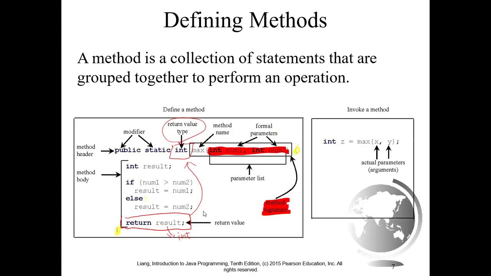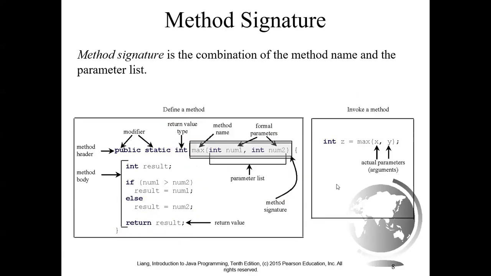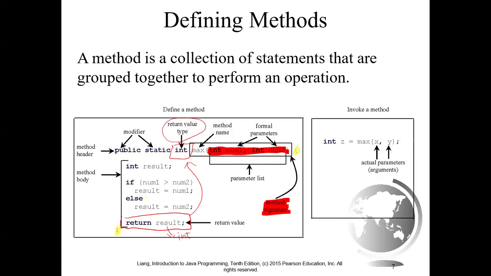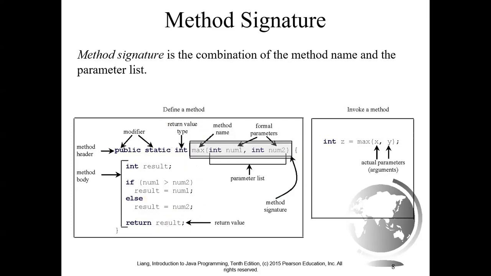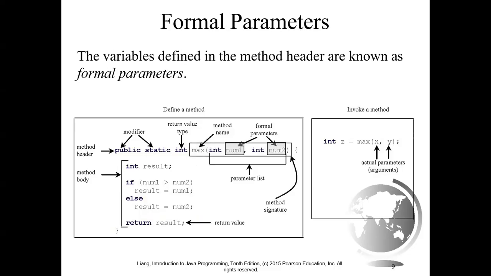So in this case, we have our definition for the methods. And the method signatures, which is highlighted here in red, the int number 1 and the int number 2, are the combination of the method name and the method parameter list. And the variables defined in the method header are known as the formal parameters.